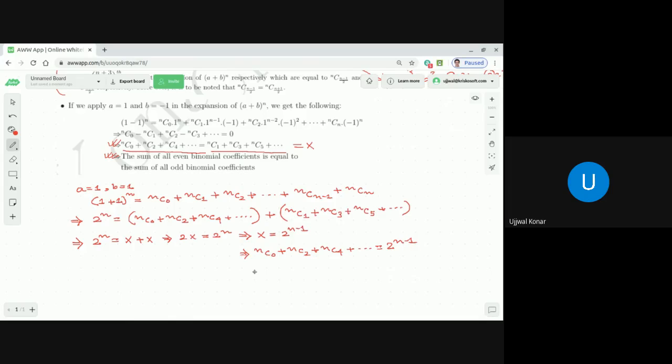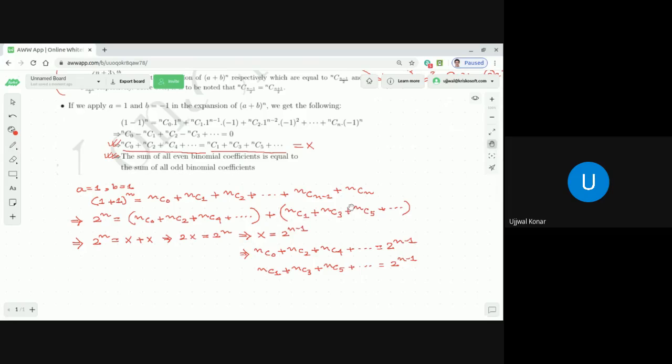And that is also equal to the same thing, nC1 plus nC3 plus nC5, and in that way it continues, that is also equal to 2 to the power n minus 1. Correct, no, dear students? Yes.